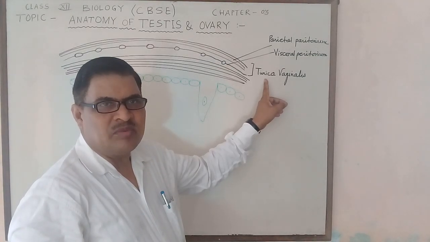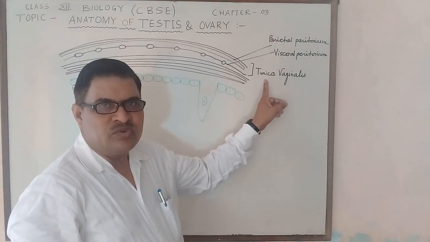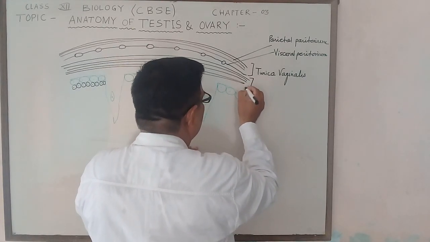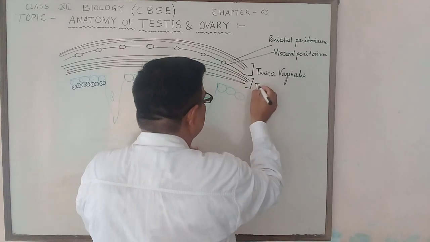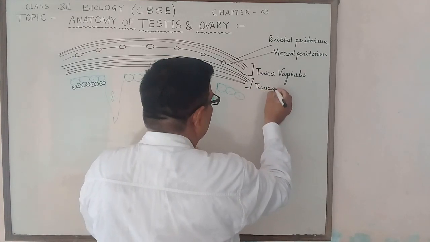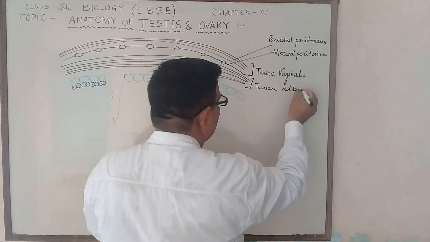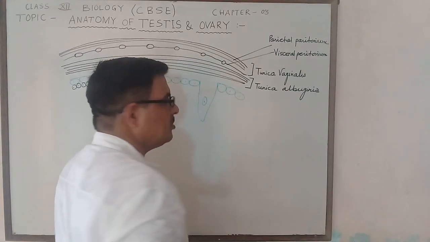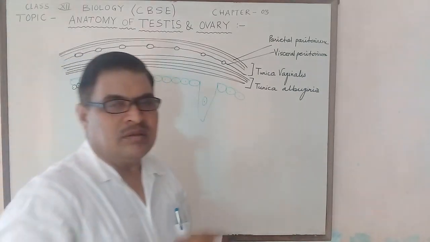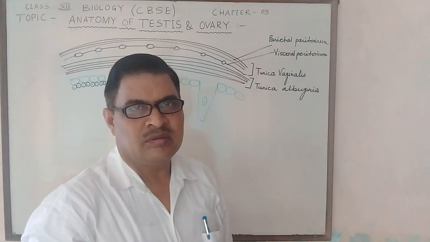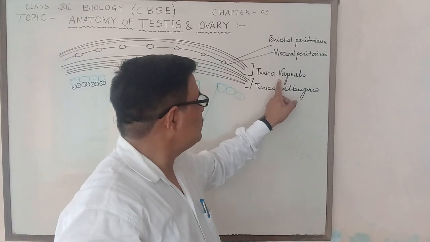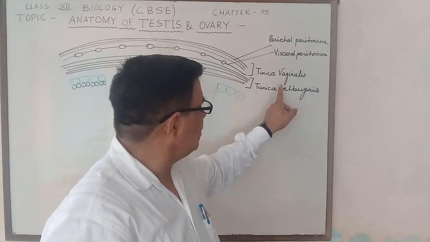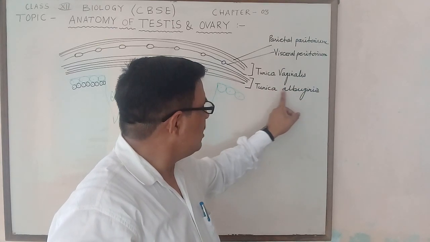Below tunica vaginalis, tunica albuginea is found. It means the testis is surrounded by the outermost tunica vaginalis and the inner tunica albuginea.